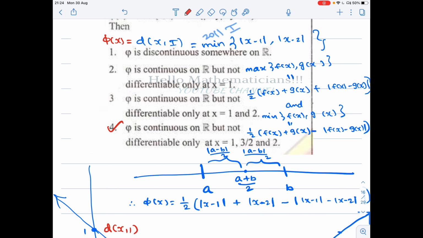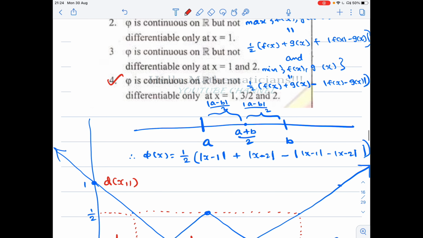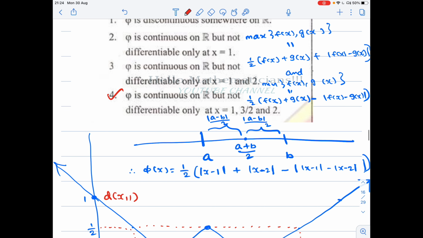Now why is the minimum of f of x and g of x equal to this function? If you rewrite this expression, you can write it as 1 by 2 times f of x plus g of x, minus mod f of x minus g of x by 2.